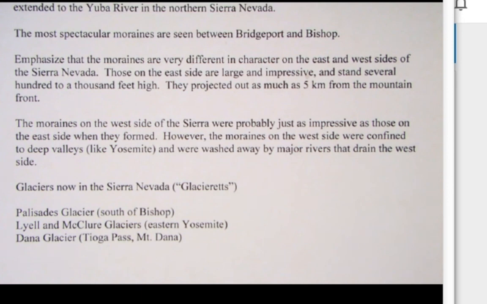He actually goes up to the McClure and Lyell glaciers in this video, and you'll see that he goes to the Bergschrund, and then he looks at the gravel and boulders that are abrading the bedrock under the McClure Glacier there. So there are still some glaciers in the Sierra Nevada. They're small. Unfortunately, they seem to be melting back quite rapidly, because of the global warming we're experiencing. But anyhow, let's stop here, and then we'll continue on.